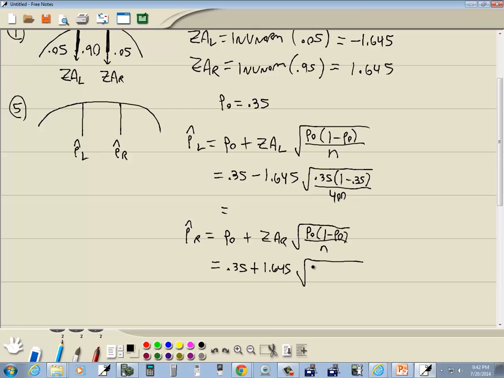Then the square root of P naught, which is 0.35 times 1 minus 0.35 over N. N was 400. Okay, so let's see what these give us.